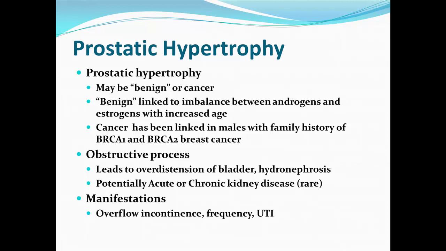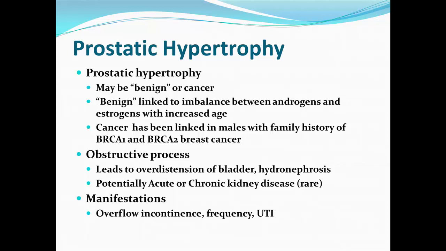Now, prostatic hypertrophy, whether it is the benign form, which, as you know, I don't really think is benign, or cancerous, leads to overdistension of the bladder and therefore hydronephrosis, and this causes a bilateral hydronephrosis.